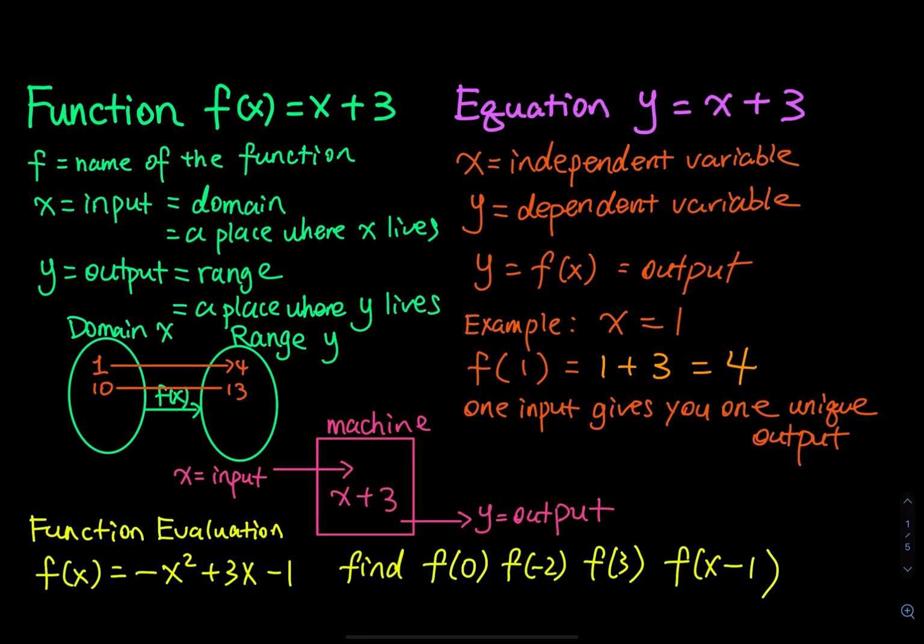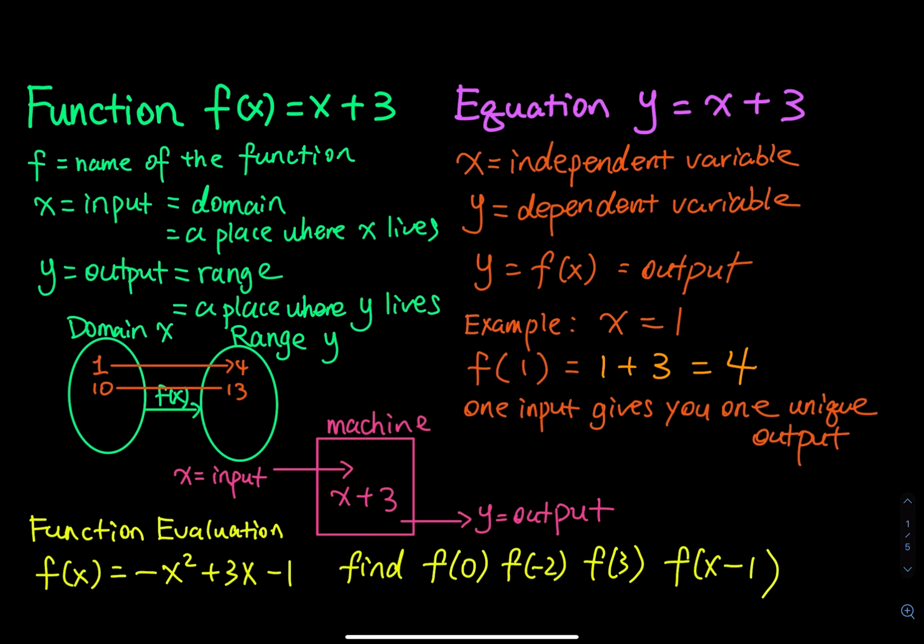What does that mean? Most textbooks draw this picture. They draw two ellipses, one for domain x and one for range y. For the math that we just did, when x equals 1, we input 1, and the output equals 4. If you let x equal 10, then 10 plus 3 equals 13.